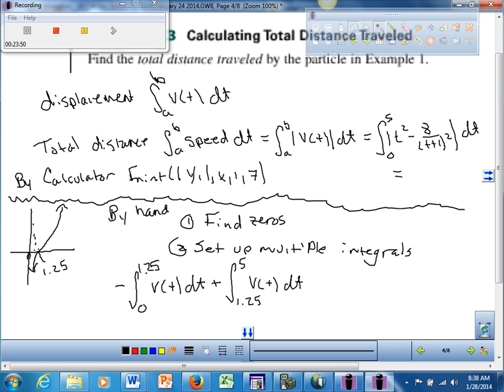And this you can just do on your calculator. That's 42.586.